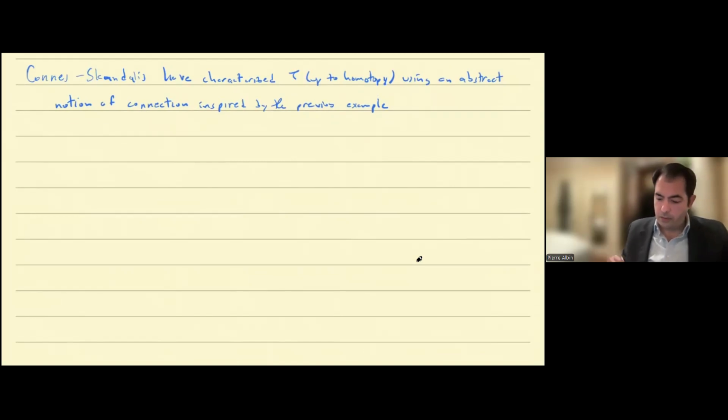Okay, so let's mention some examples that showcase the power of this product. For example, the Thom isomorphism in K-theory.